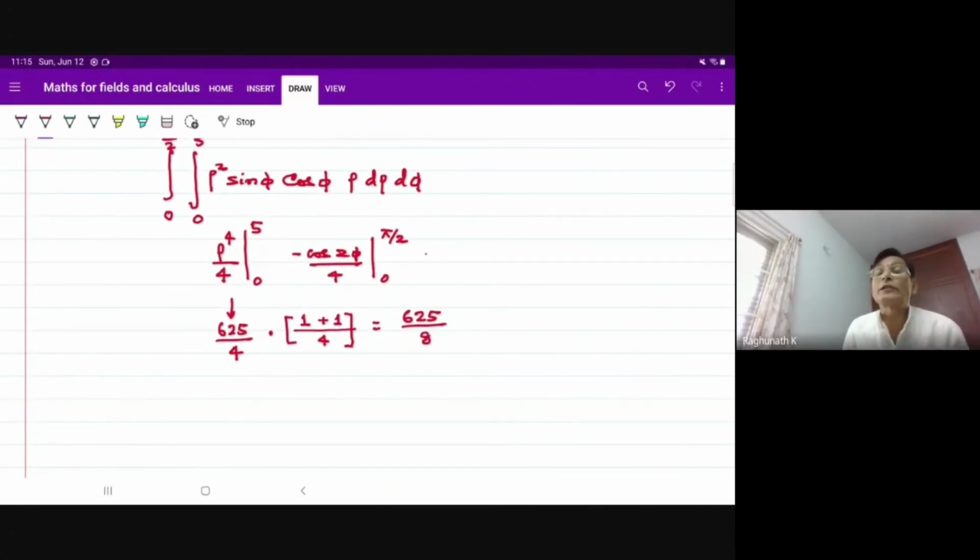Selection of the coordinate system is important, is what you should know from this discussion. Fields is the subject in which, while deriving an expression, you should take the appropriate coordinate system for that particular case to get the expression in the minimum number of steps and use it in the problems.